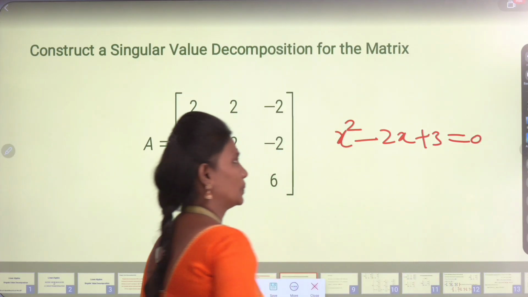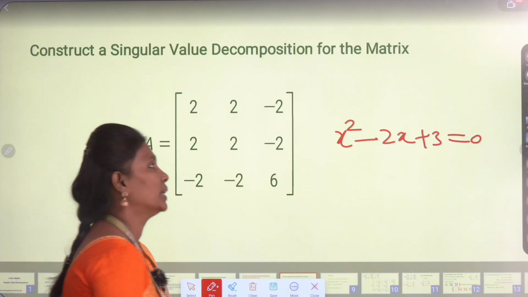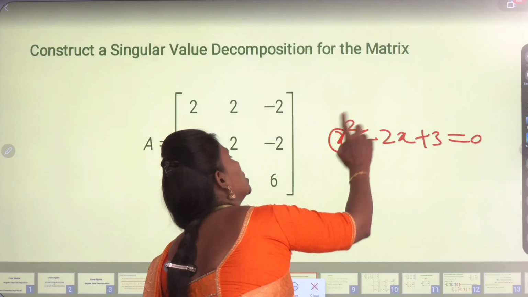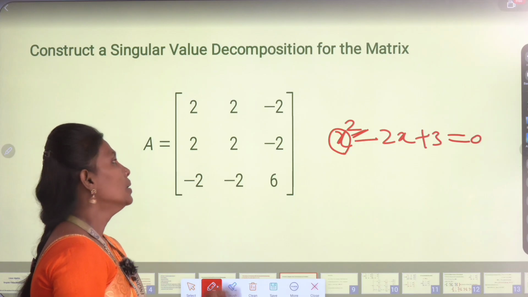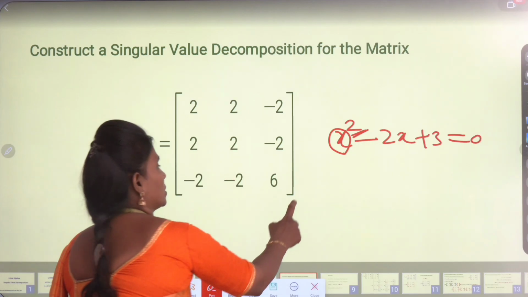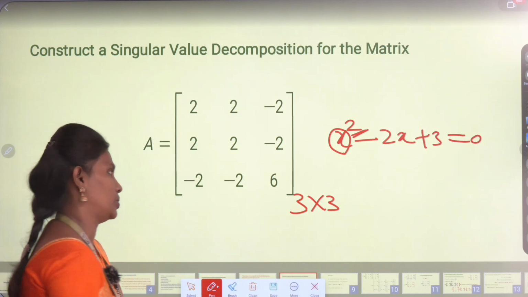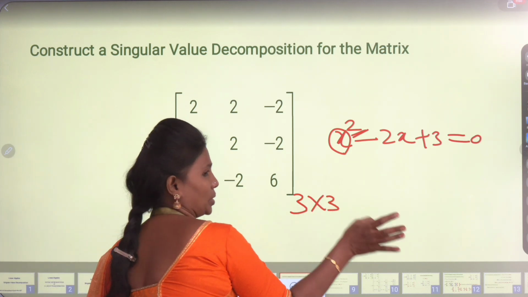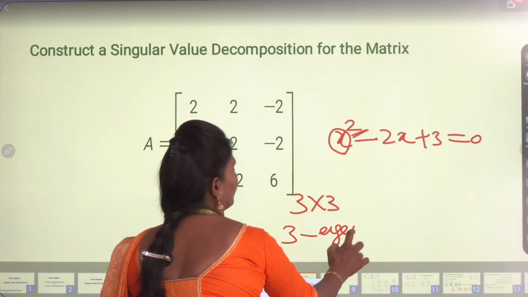How many solutions does this quadratic equation have? You have two, because the highest order of x is 2. Similarly, here the matrix is 3 cross 3, so how many solutions? 3 solutions, and we use the word eigenvalues for them: 3 eigenvalues.